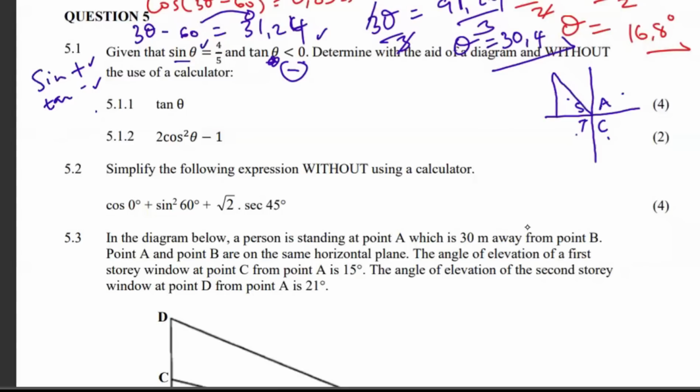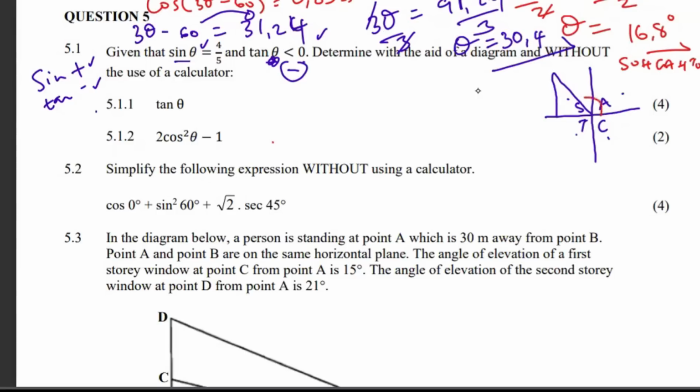So from there, after doing that, all we need to do is now substitute. We know from our SOHCAHTOA that the sine is opposite over hypotenuse.